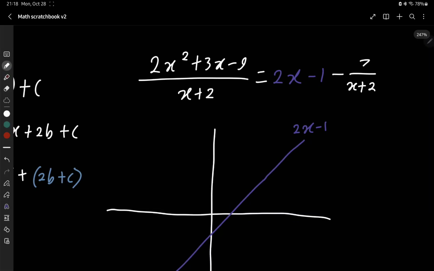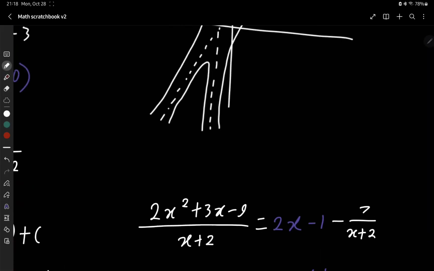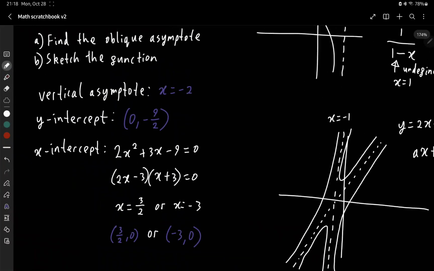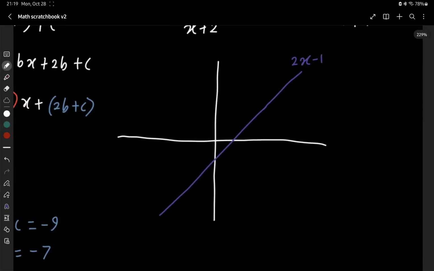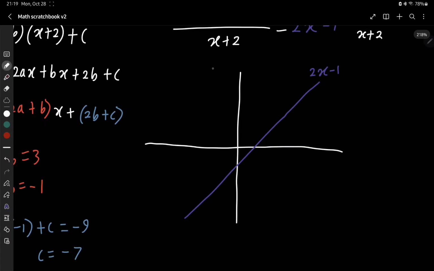And then if we go back up here, we have that vertical asymptote at x equals -2, again, because that makes the function undefined. So if we do, I don't know, let's see, that's -2. We can do x equals -2 here.